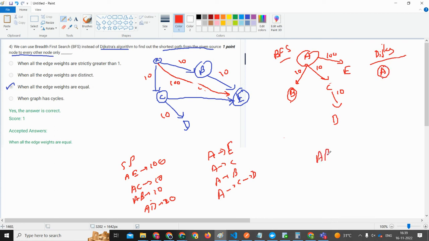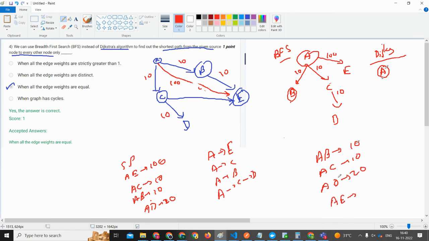Now tell me Dijkstra's algorithm for this. A to B, then again we have the minimum option: A to B, B to E. Let's go for AC, which is again 10. If you want to go to AD, it is 20.